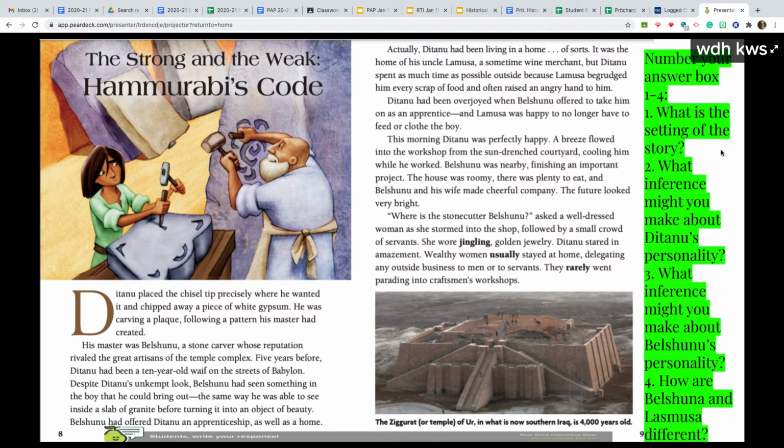Beside number 2, you are making an inference about Dotanu's personality.